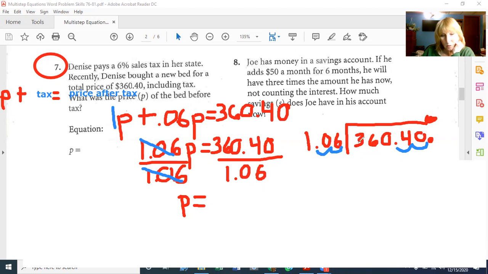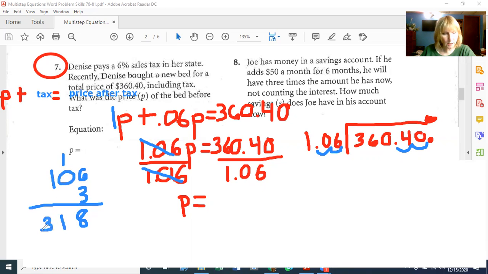That's the first amount I can go into. So 3 times 106 might be enough. So on the side, I'm going to figure that out. So 106 times 3. That's 3 times 6 is 18, carry the 1. 3 times 0 is 0, plus 1 is 1, and 3 times 1 is 3.